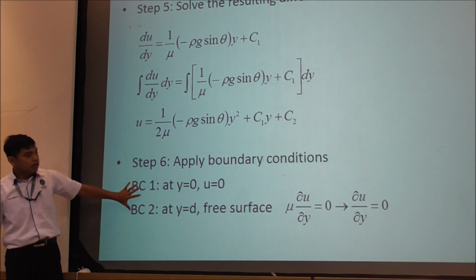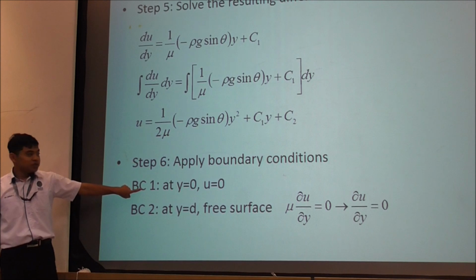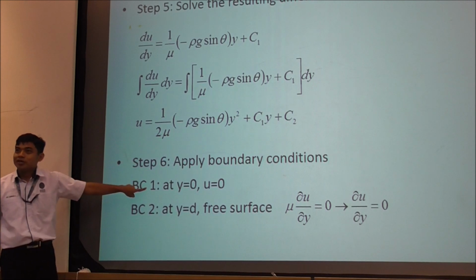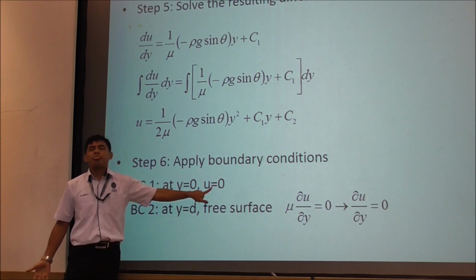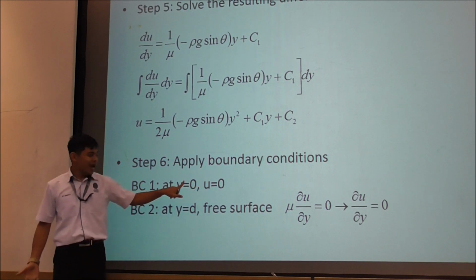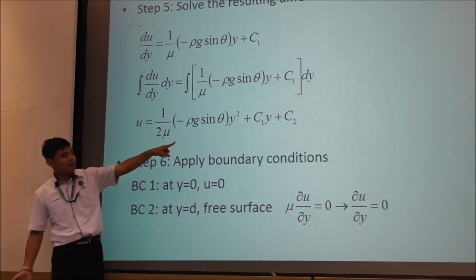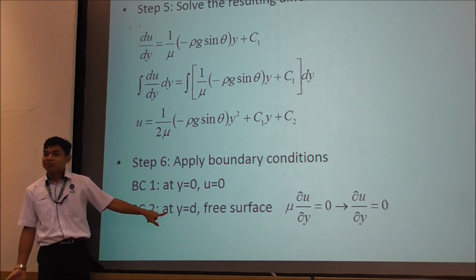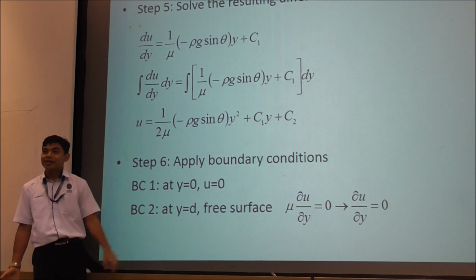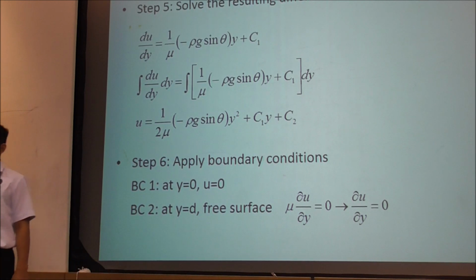Now, this boundary condition surely will give you C2 equal to 0, because u equal to 0 at y equal to 0. Now the problem is this, you never found it before. Usually you will have u equal to 0 when y equal to h.